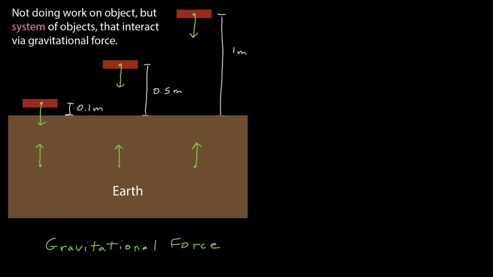So you start not with a single object, but with a system of objects. In this case, we have the book-Earth system. And this system interacts via a Newton's third law force pair. The Earth exerts a gravitational force on the book, and the book exerts a gravitational force on the Earth. Now you, external to this system, go in and you change the position of the object relative to the Earth.